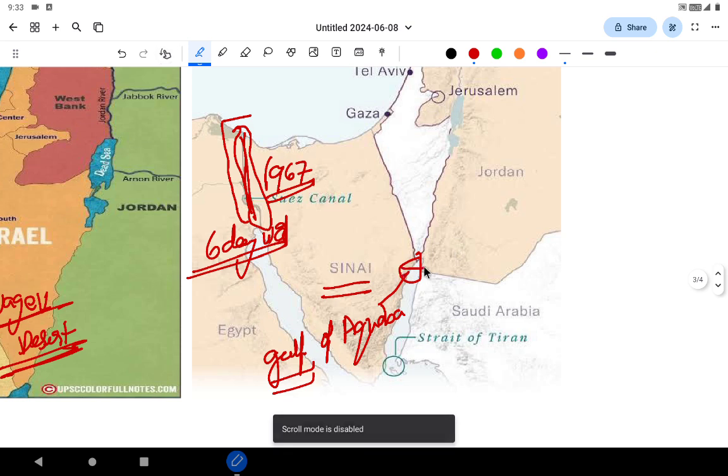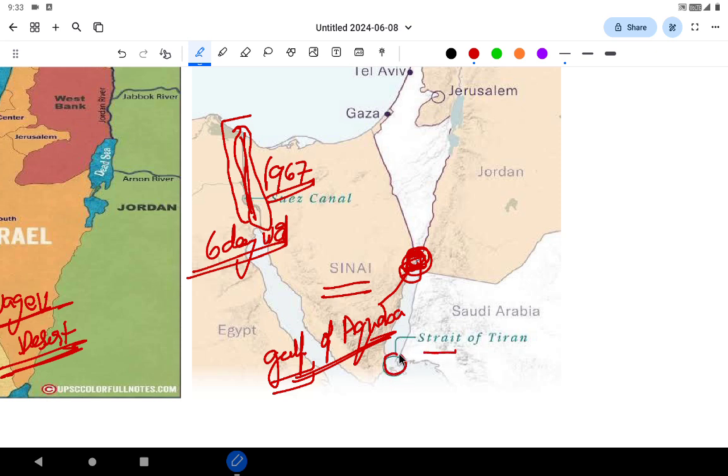It lies at the intersection of Jordan, Israel, and also the Sinai Peninsula. You can see the Strait of Tiran, which is near Saudi Arabia.